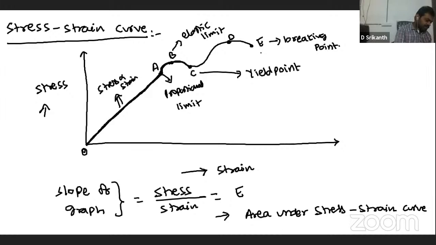And then in the next class, we can discuss the Poisson ratio and the strain energy, elastic potential energy, this derivation, and then Springer. Mostly in the next class we will complete the concept of these properties of solids.